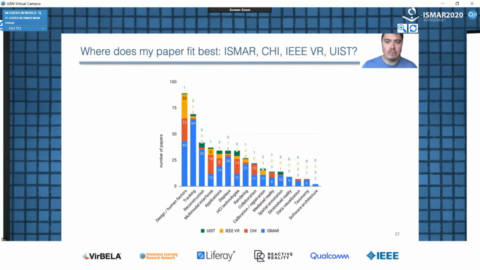However, there is also an important number of papers that focus on design and human factors. As expected, the main focus of interest in CAI are design, human factors, and HCI technologies, as well as multimodal interfaces. We observe certain similarities in the focus of interest between ISMAR and UAST, and between CAI and IEEE VR.